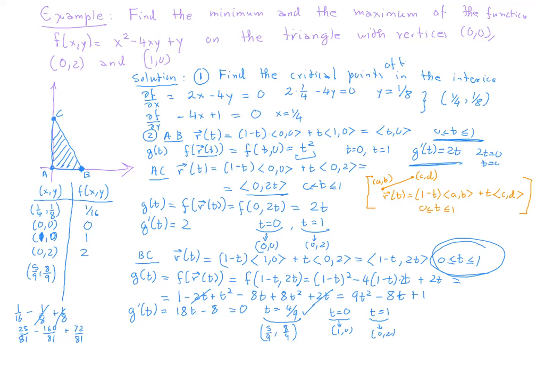And that will give us what? So we have minus 160 plus 72 is minus 88. And minus 88 plus 25, that's going to be minus 63. So minus 63 over 81.